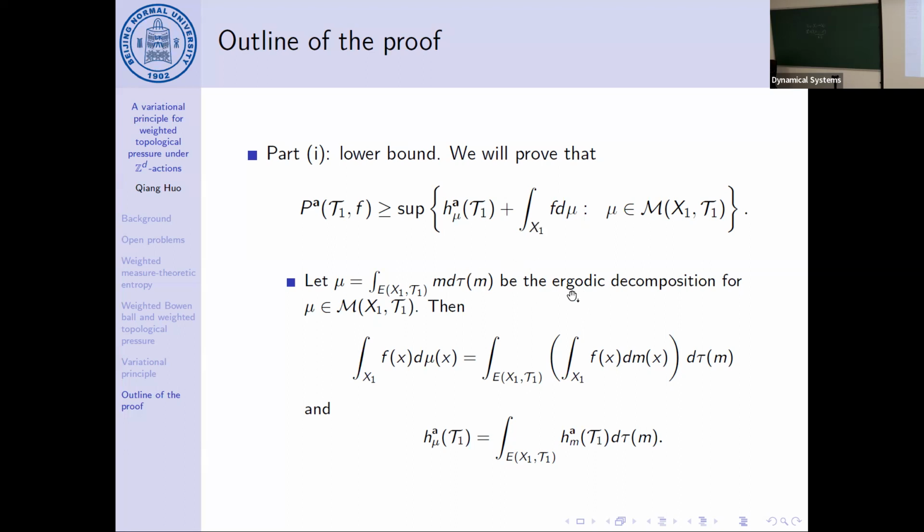First, we take the ergodic decomposition of an invariant measure. Here tau is a measure defined on some subset of the invariant measure space.